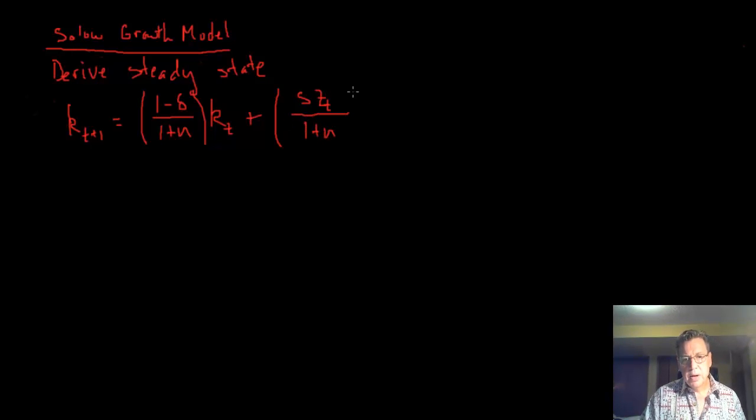Again, we scale that by population, and then we just multiply by k raised to the alpha.